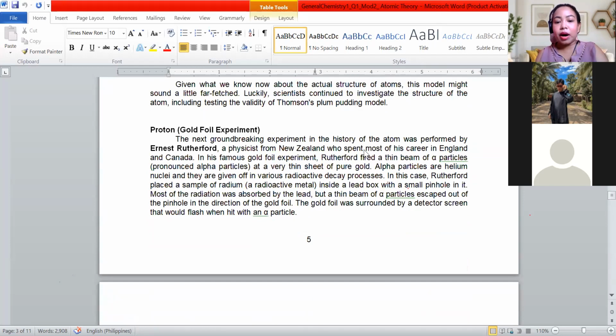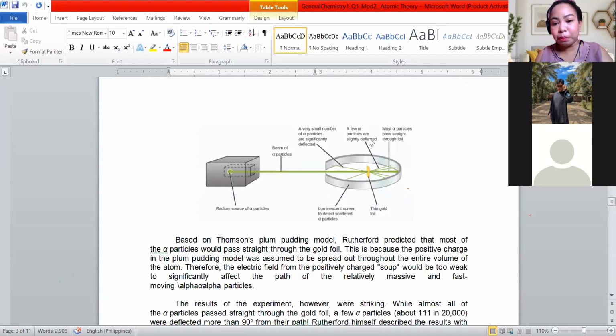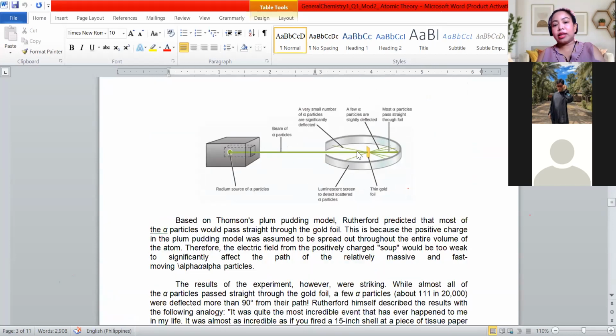So they came up with this setup. They call it the gold foil experiment, where the gold foil is bombarded with alpha particles and surrounded with this filament. This screen can detect the scattered alpha particles.